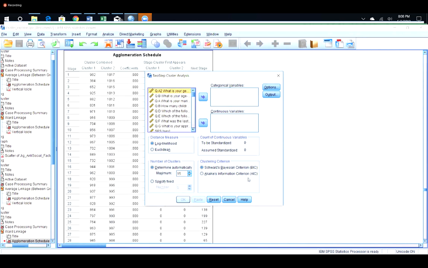So each of the criteria has a model fit piece and then a model complexity penalty piece. It tries to pick the cluster solution which minimizes whichever criterion you decide to use. The Bayesian is looking at a posterior distribution.